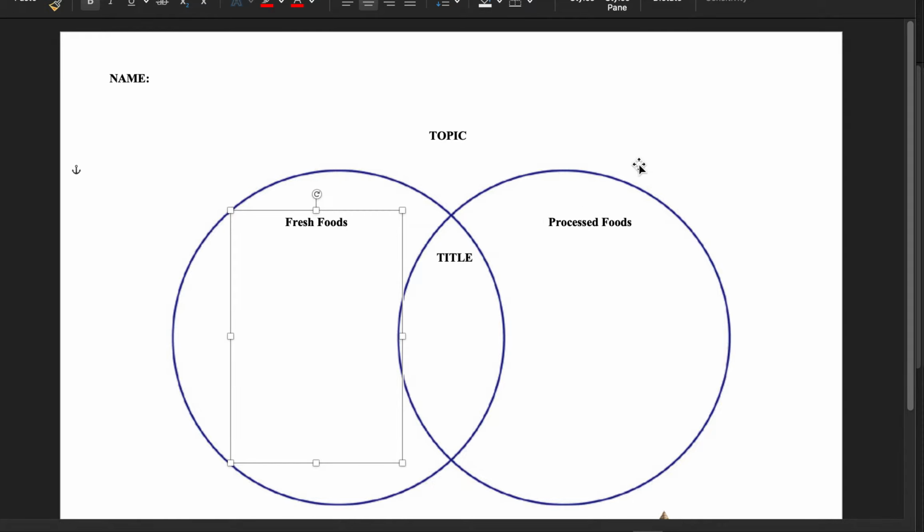Venn diagrams are always a good way to start off with your brainstorming. I'm going to let you have access to this editable Venn diagram document throughout the rest of this week as you are working on writing your own compare and contrast paragraphs on Wednesday.